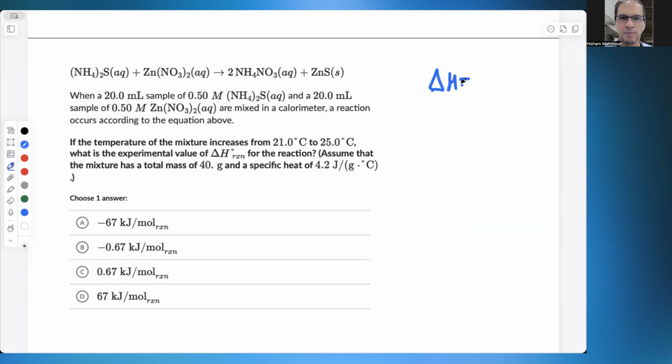The delta H is equal to negative Q over n. The Q requires m. The m is the mass, but a mass of what? We mix the two together. Try to remember what we said. And then also the n is the number of moles of what this time?